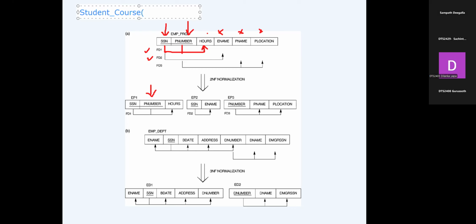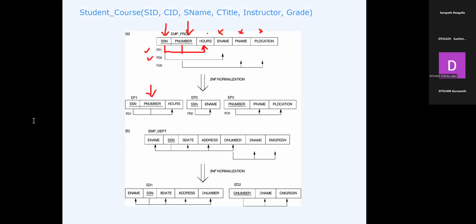And let's assume that we have these attributes: student ID, course ID, student name, let's say course title, and then instructor, and then grade, right?